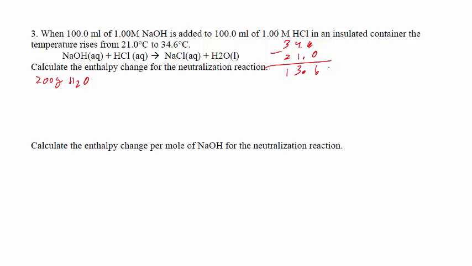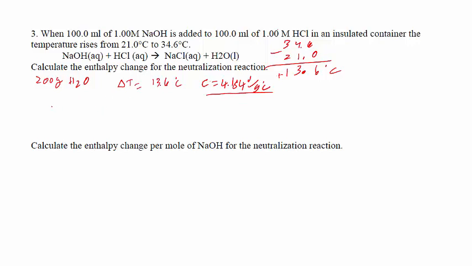So it's 13.6, and that's a positive 13.6 degrees Celsius. And of course, specific heat is 4.184 joule per gram degree Celsius.